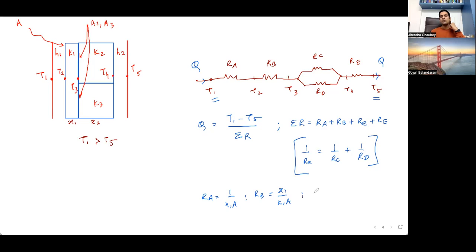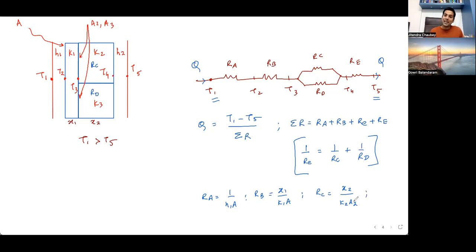So RB, now what about RC? RC will be conduction as well: X2 upon K2 A2. I got a question. There's K2 and K3. What do I do? Do I do it separately? Yes. RC will be for this and RD will be for this, so K2 for RC and K3 for RD.